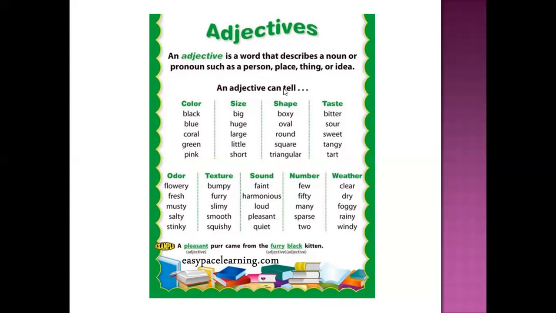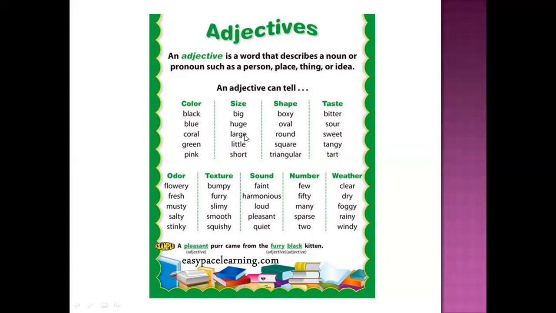An adjective can tell about the color of that noun. Black, blue, coral, green, pink. Likewise, you can say black eyes, blue eyes, or black hair. And also an adjective can tell about the size of that noun.